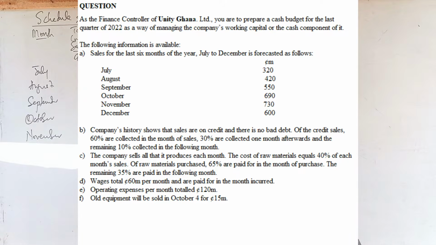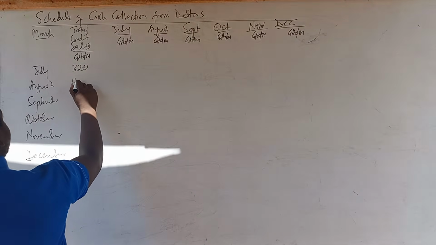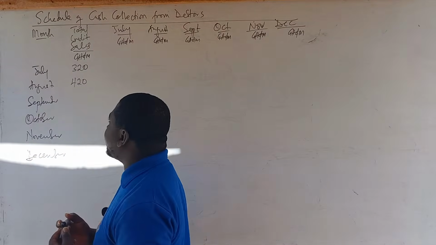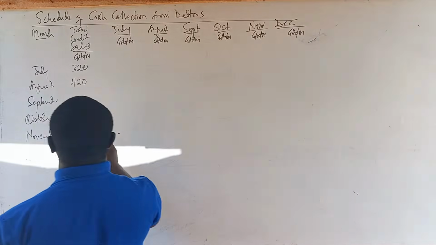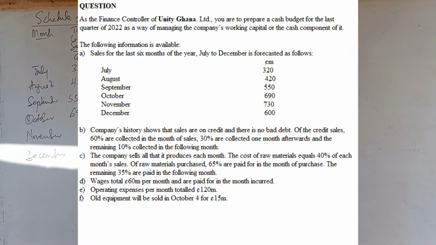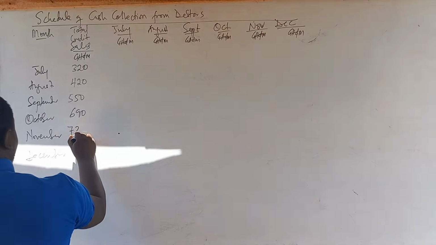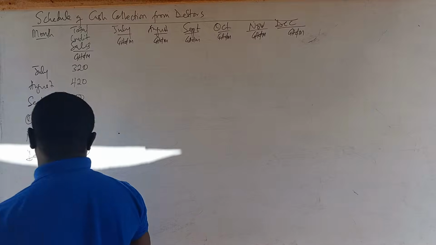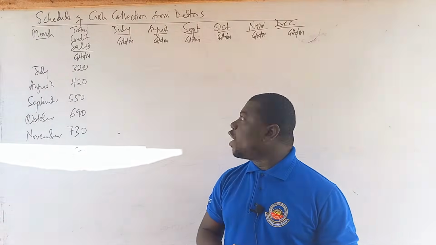July sales is 320 million and August is 420, because the million is already covered by the cedi sign. Then September is 550 and October is 690. Finally, November is 730 and December credit sales is 600 million Ghana cedis. So these are what we are going to list.